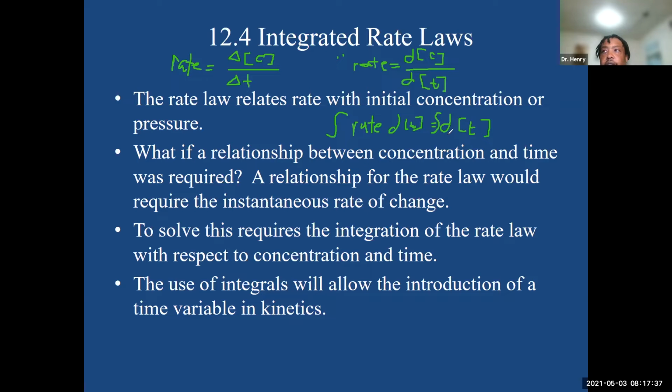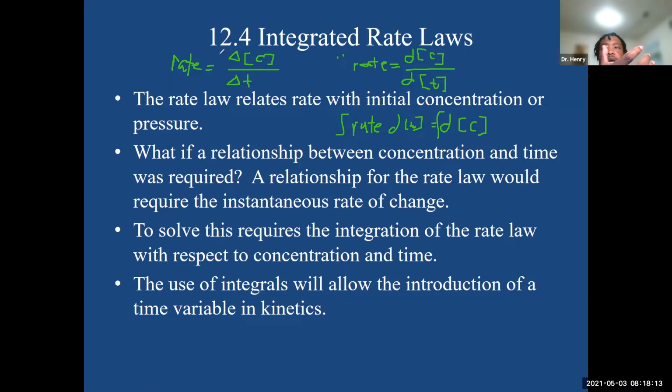Oops, sorry. Let me fix this. That should be a C, not a T. Okay, so you take the integral of both sides, and then you're going to get a function of time.